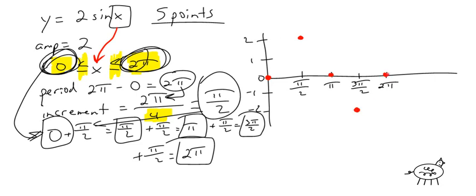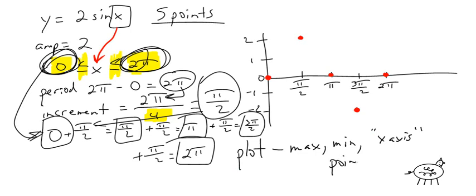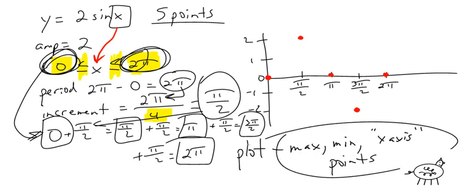So let me talk about these points that I just plotted. I am going to plot maximum points, I'm going to plot minimum points, and I'm going to plot, in quotes, x-axis points. That's all I'm going to plot for sine and cosine.